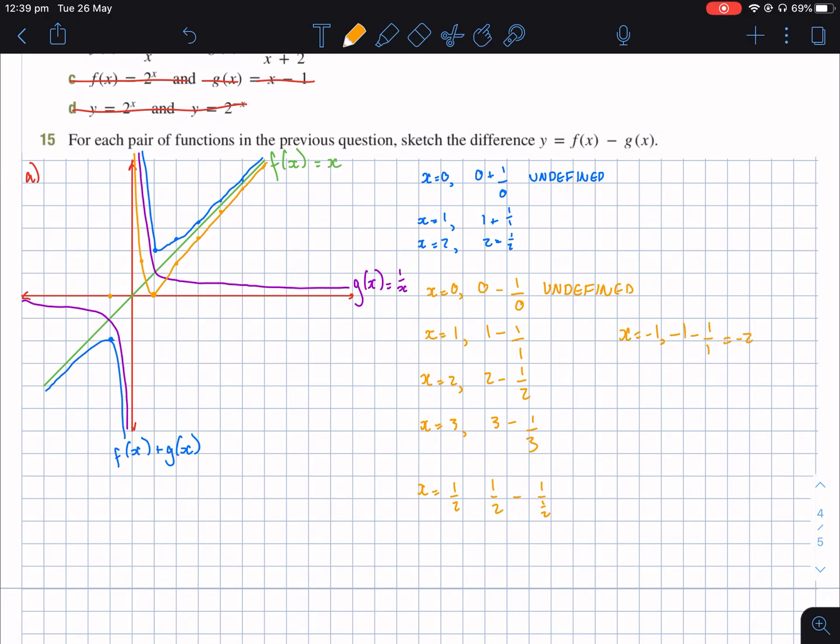Oh, x equals -1. I've got 2 this time. So it's not the same, sorry.